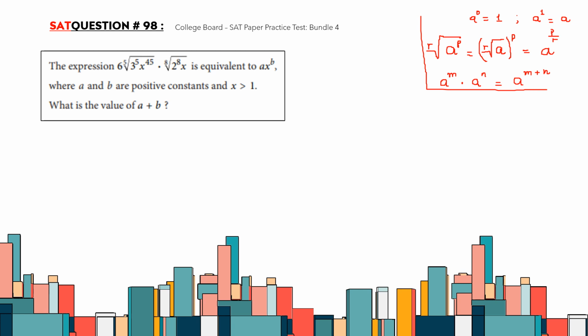Now let's go back to our question. Rewrite one more time: 6 times the fifth root of 3 to the power of 5 times x to the power of 45, multiplied by the a-th root of 2 to the power of a times x. Now we rewrite this.